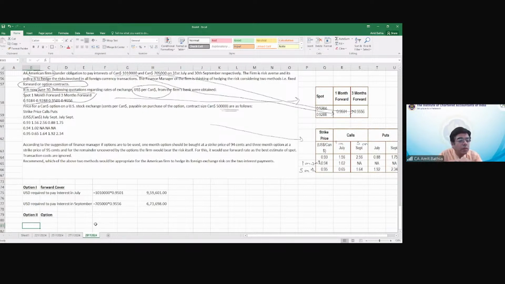For option 2, first and foremost, we need to understand that my contract size is limited to Canadian dollar 50,000. So let me calculate the contracts required for the July obligation.